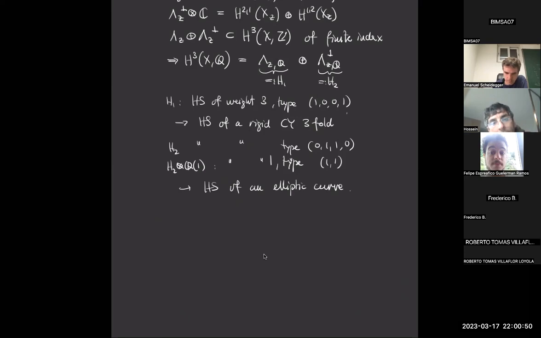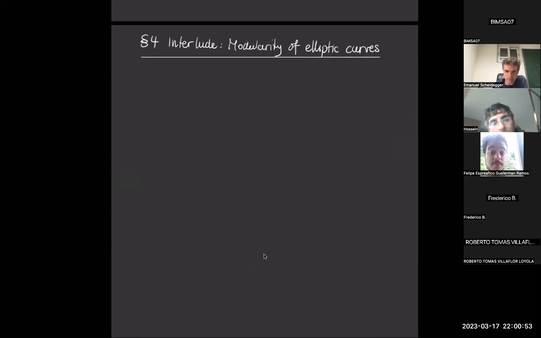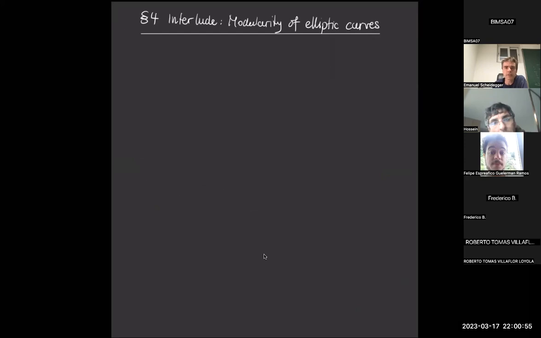So let's come to the promised interlude on modularity of elliptic curves. I briefly want to review a few fundamental results in the modularity of elliptic curves, which may be relevant for what we are doing here.